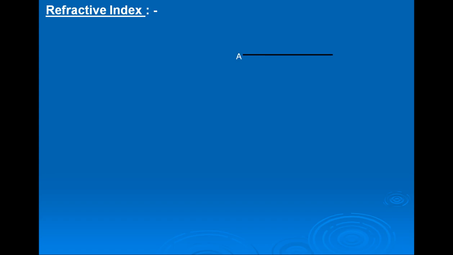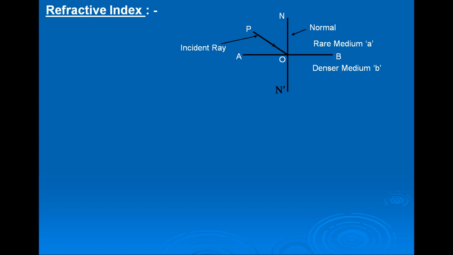Let AB be the surface separating two media, rare medium A and denser medium B. So this is the normal N dash. From point P, a ray of light strikes the surface at point O; this is the incident ray, which makes an angle I with the normal.